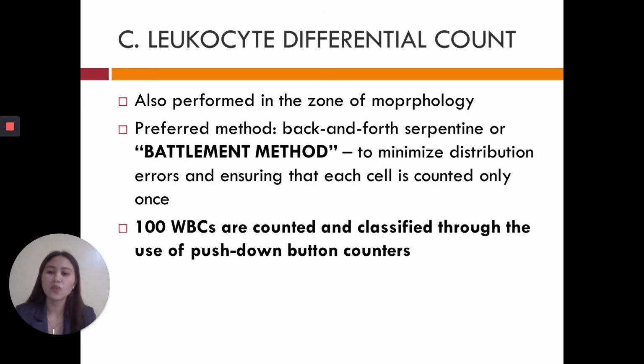And then 100 WBCs are counted. So basically, you're going to identify 100 WBCs. For those 100 WBCs, how many are neutrophils? How many are monocytes? How many are lymphocytes? How many are eosinophils?